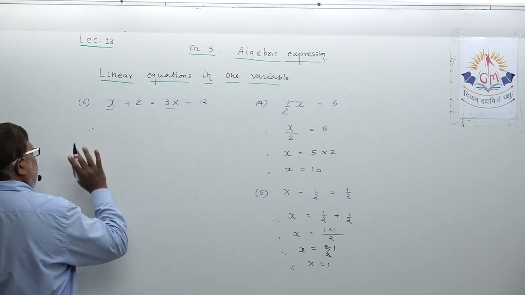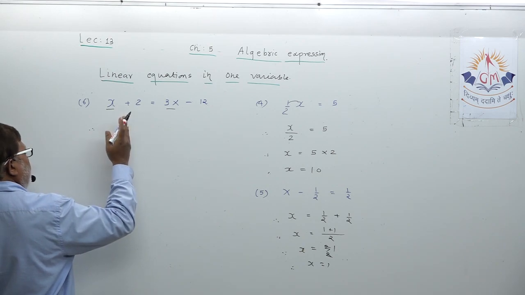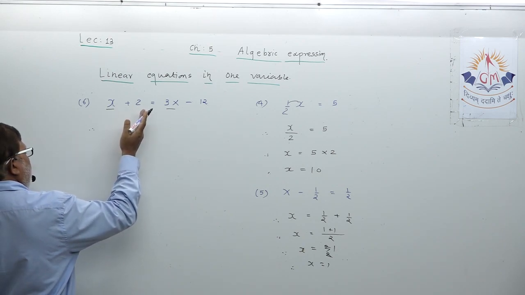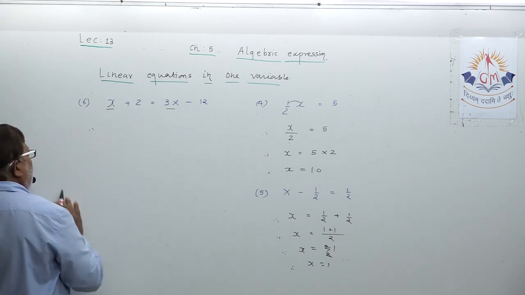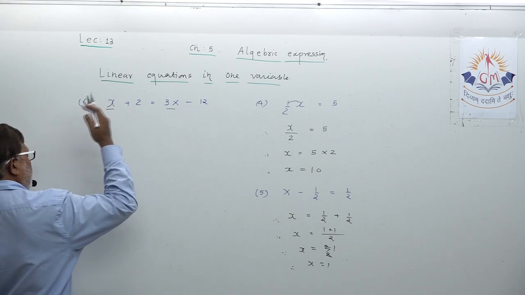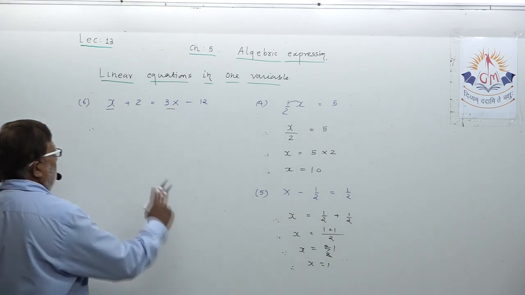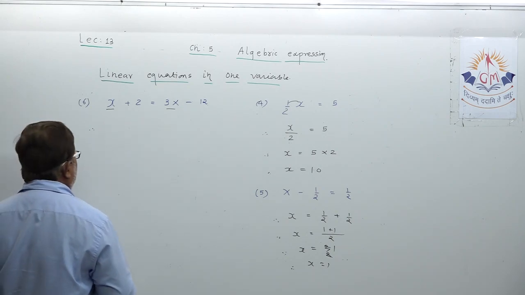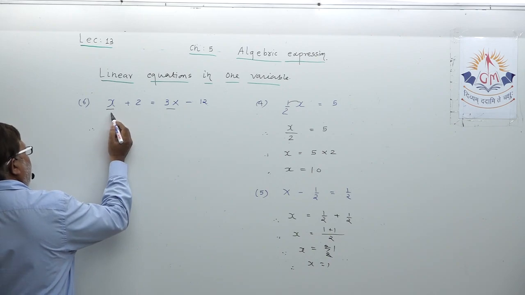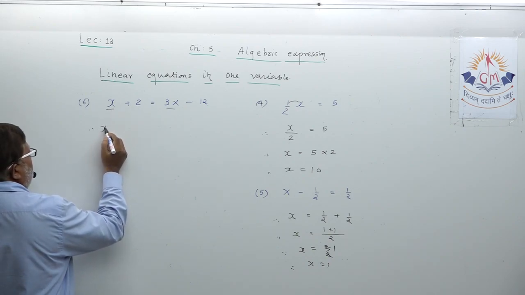What you need to do, all terms containing x need to be collected on the left side by transferring the rest of the terms, to be collected on the right hand side, with sign change. So let us do it. Here x, do not disturb it.